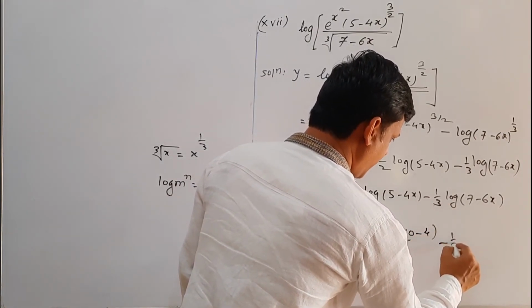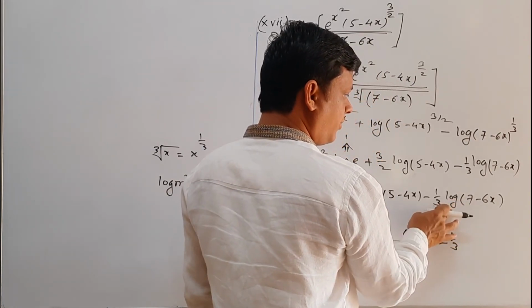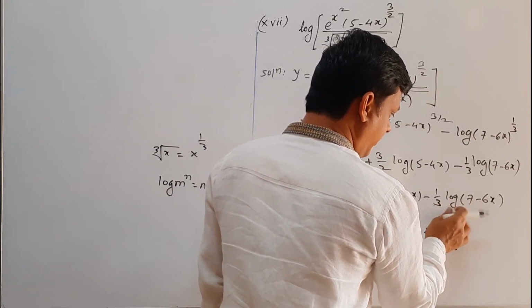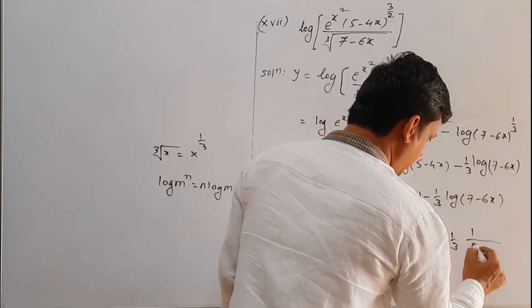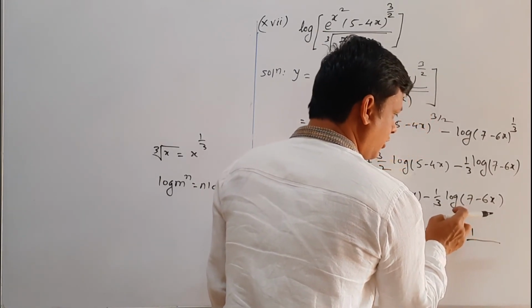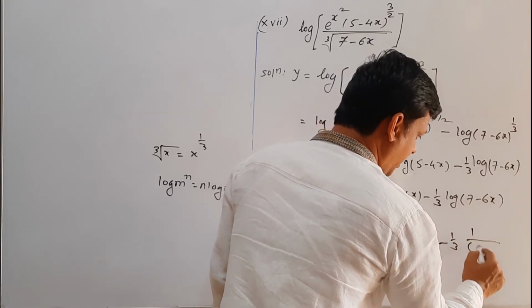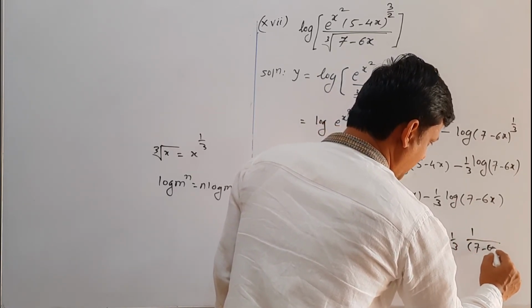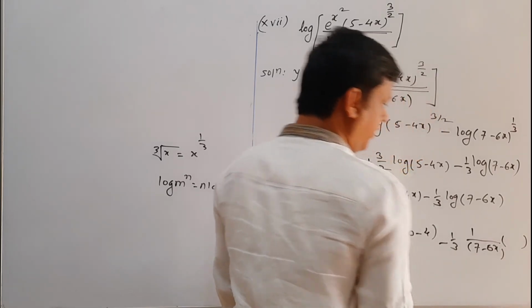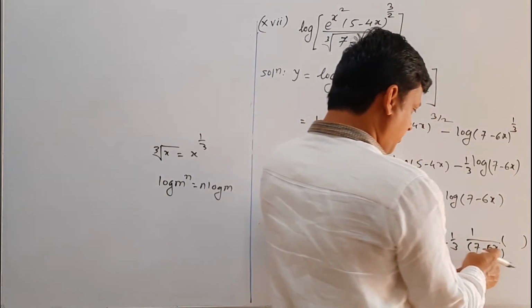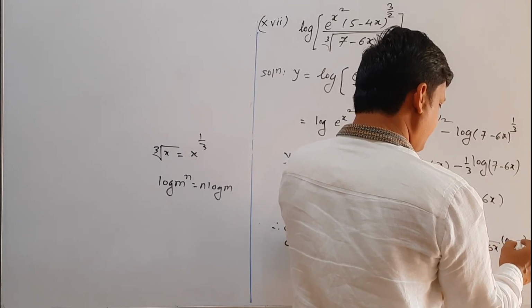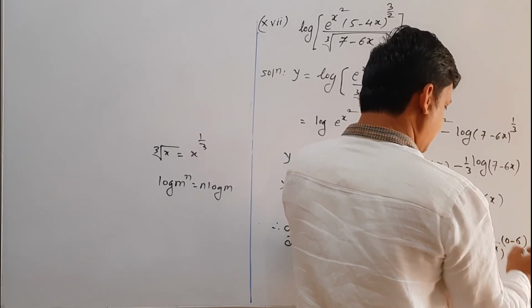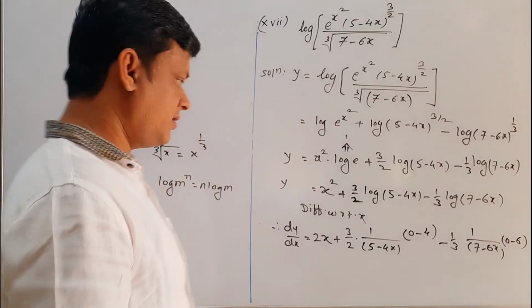Then minus 1 by 3 is constant, which is with log function. So we find derivative of this log. Now this is composite function, so we write derivative of log first. So derivative of log is 1 upon, so we write here 1 upon 7 minus 6x, and derivative of this 7 minus 6x. So derivative of 7 is 0, derivative of 6x is 6, so we write 0 minus 6.